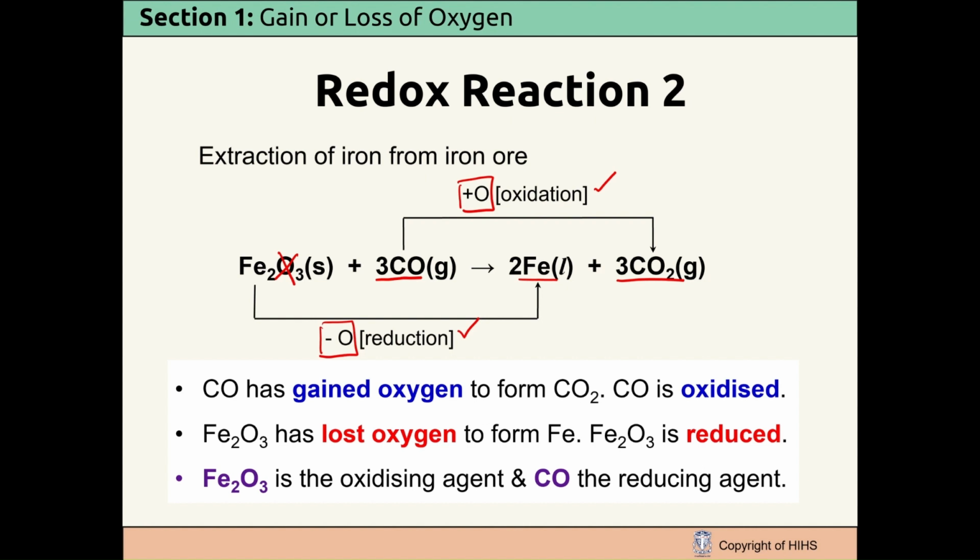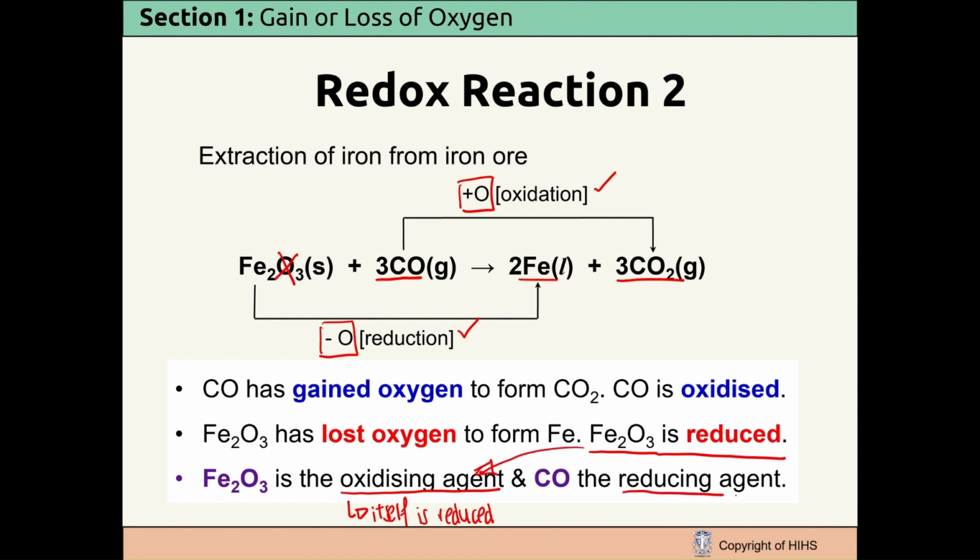So try and establish which is the oxidizing agent and which is the reducing agent. So to recall again, the oxidizing agent itself is reduced. So who is reduced here in this reaction? Which reactant is reduced? Your Fe2O3 is reduced, right? So your Fe2O3 is your oxidizing agent.